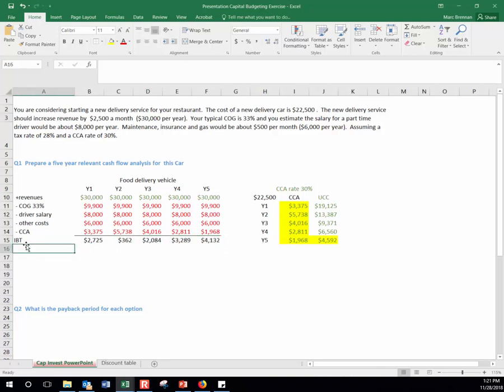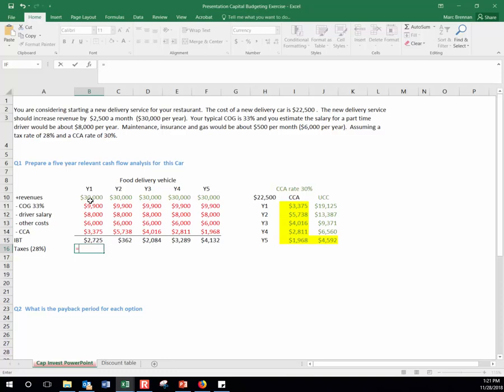Now we would then have to calculate our tax. Okay, so taxes, and those are 28%. So we have to pay 28% tax on this new income because this is really the income that this direct investment is going to provide me.